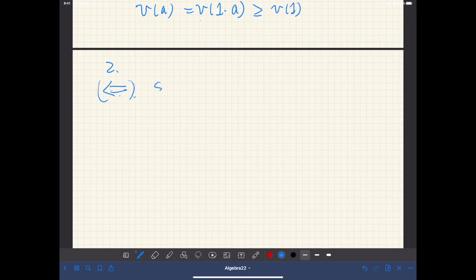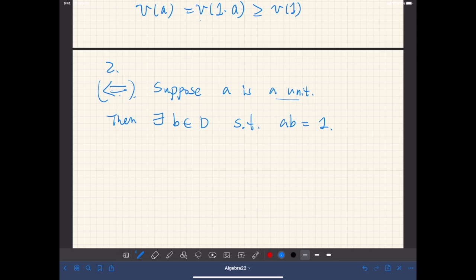Suppose a is a unit. Then by the definition of unit, there exists some b such that ab is equal to 1.